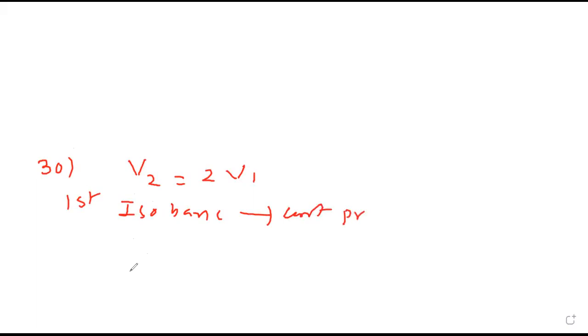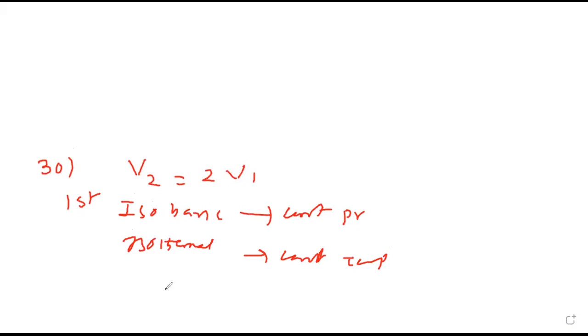If a gas is expanded to double its volume, so the new volume is double the original, by two different processes. First is isobaric, constant pressure, and the other is isothermal, which is constant temperature.